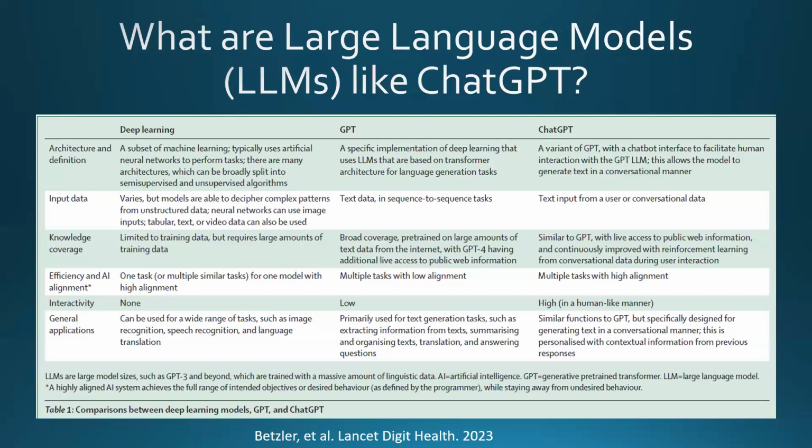Deep learning is usually one task at a time, whereas with these others, we're able to do multiple tasks with high alignment. And interactivity is not present with deep learning, but with GPT, there's some interactivity. With Chat GPT, there's a lot of interactivity, so it's almost human-like.